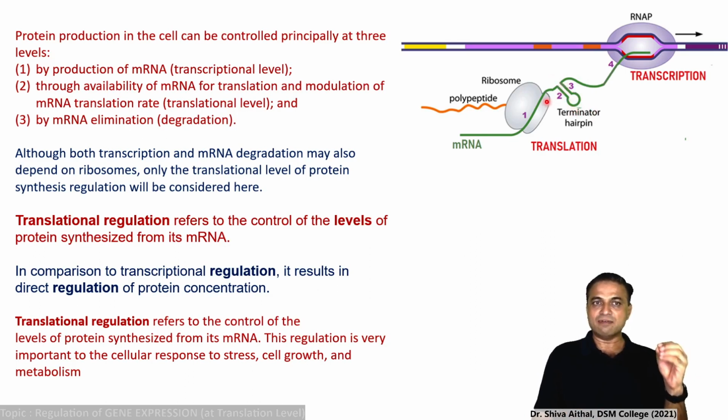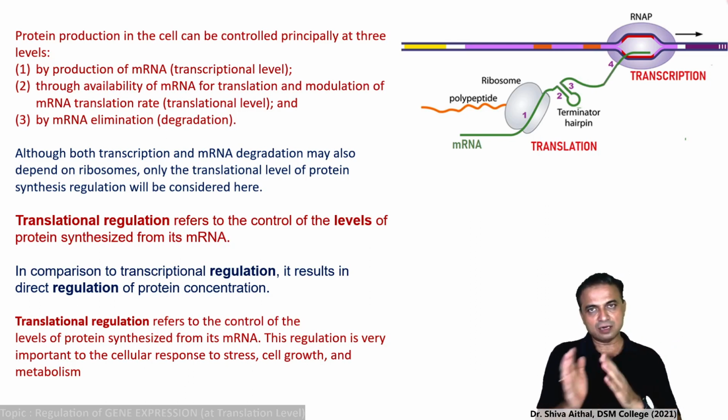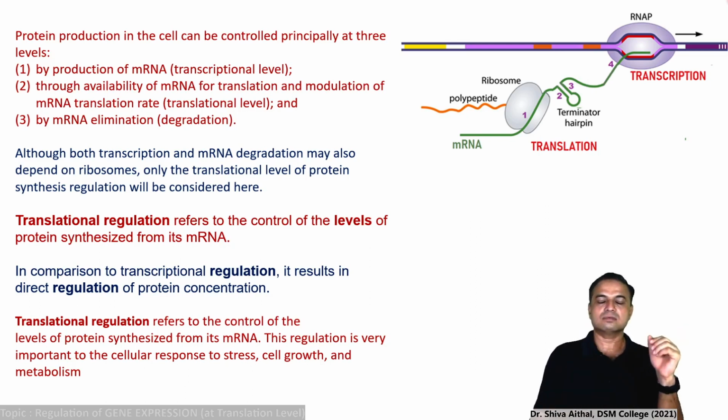That is through availability of mRNA for translation and modulation of the mRNA translation rate. Means, as we saw in the tryptophan operon, if the substrate is less or more, then the ribosomal movement is more or less, and that determines the sequence of terminator hairpins to be formed or not formed.